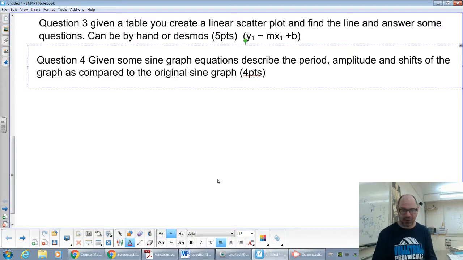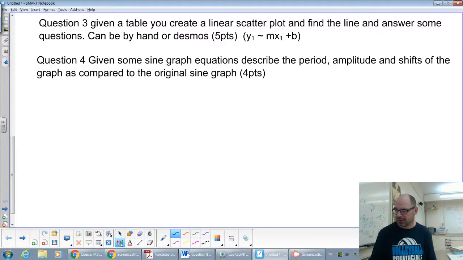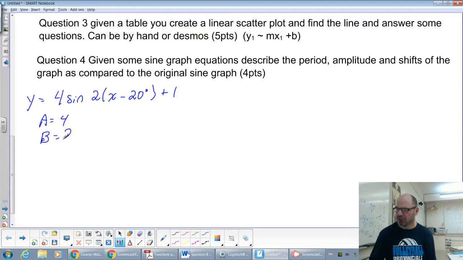Okay, so you might have something like, let's say, y equals 4 sine 2 bracket x minus 20 degrees plus 1. Okay, so we know that A equals 4, B equals 2, C equals 20, and D equals 1.